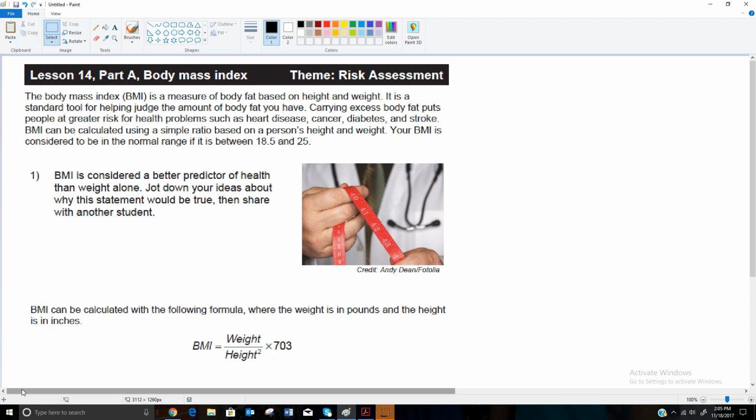Now, your actual body mass index, or your percentage of fat in your body, can actually be measured better with some other indicators, but this one is quick and easy, and we have a formula for it that we're going to use. But just so you know that this formula isn't perfect, there's ways using a tape measure, which they actually show in the picture here, where you can measure different parts of your body and use that to calculate your body mass index.